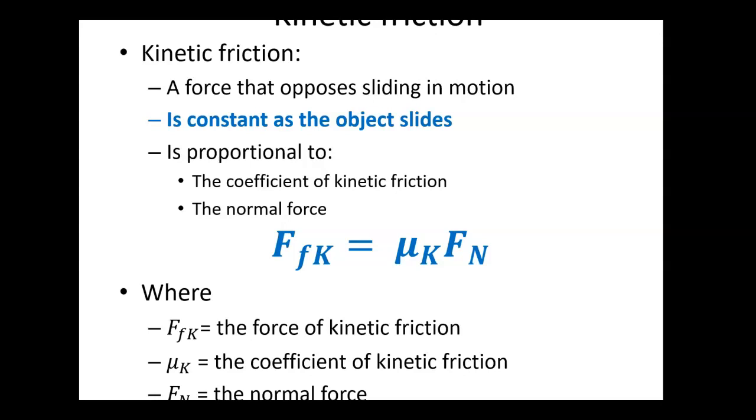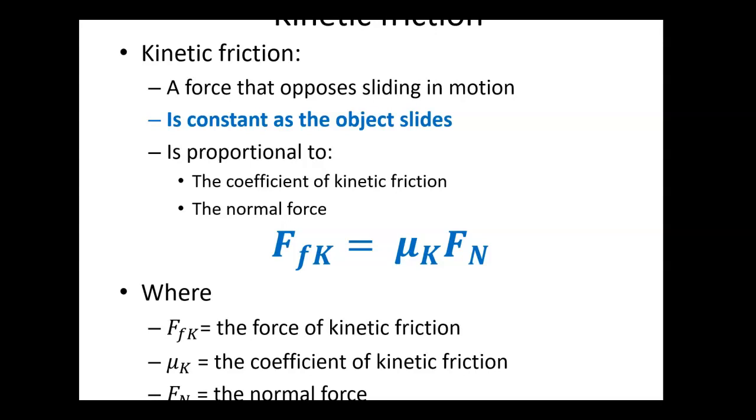Okay, once the crate begins sliding, it's in the realm of kinetic friction. Kinetic friction is the friction force that opposes sliding when the objects are moving. Kinetic friction is constant. Remember, the static friction was variable up to some maximum value, but the kinetic friction is constant, and it equals the coefficient of kinetic friction times the normal force.